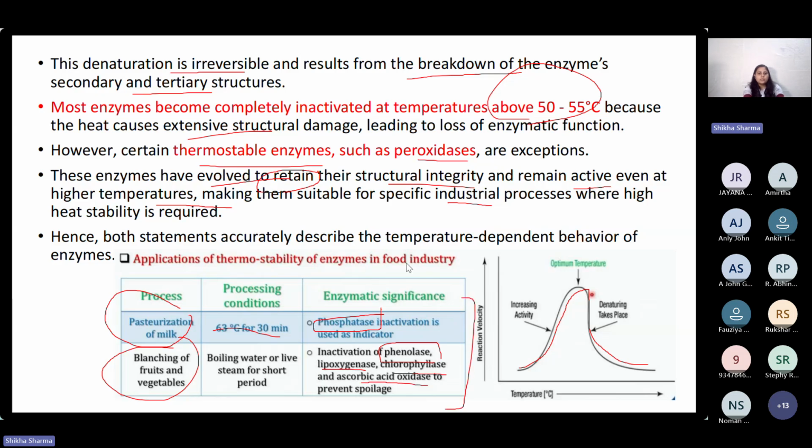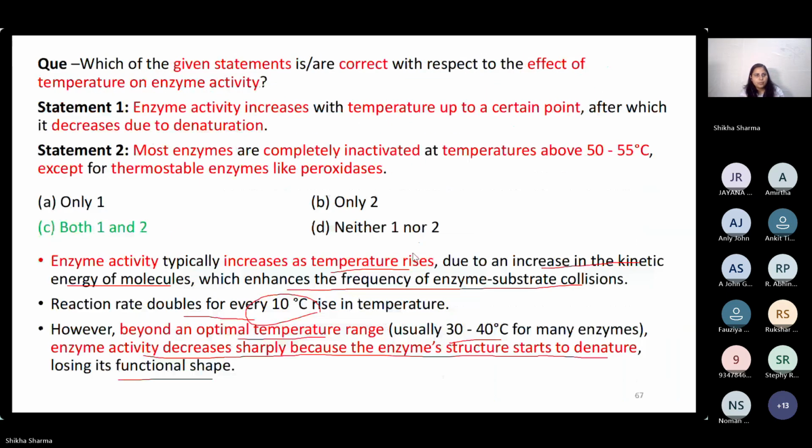So we inactivate them with heat at higher temperatures. So answer C is correct here, that both statements are correct.